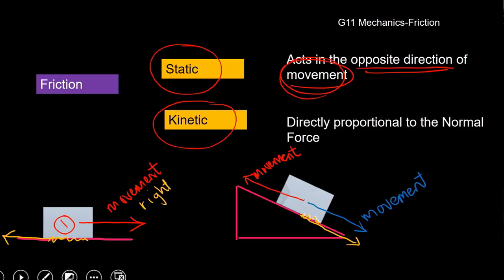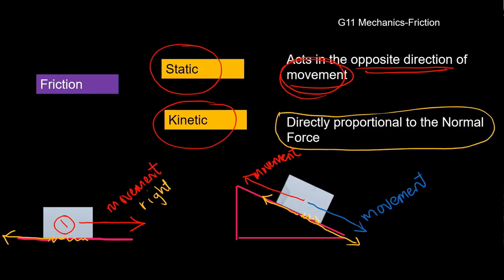So friction is going to work in the opposite direction, and it's going to work up the slope. Our second thing that we need to really get to grips with is that the frictional force, both static and kinetic, is directly proportional to what?